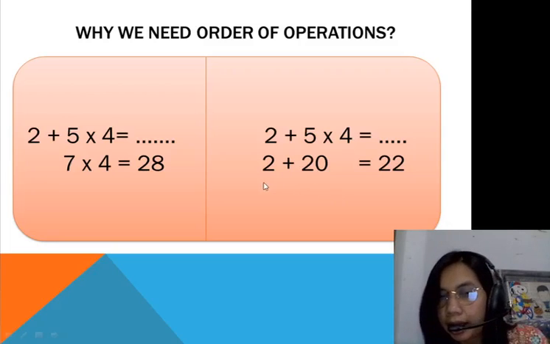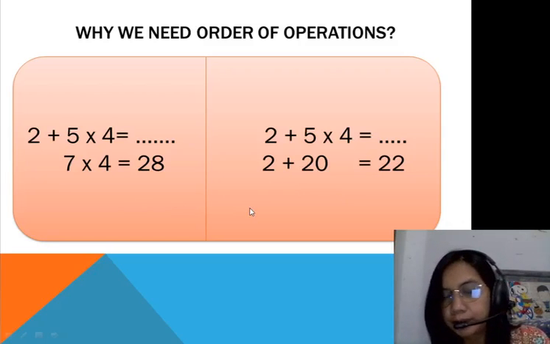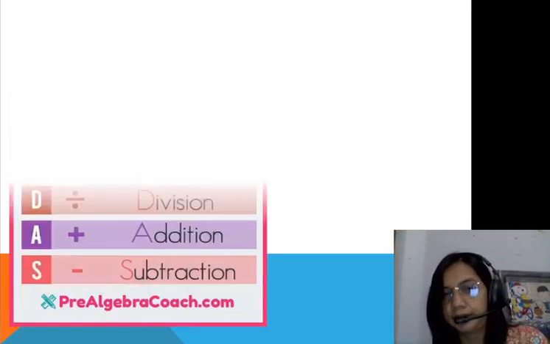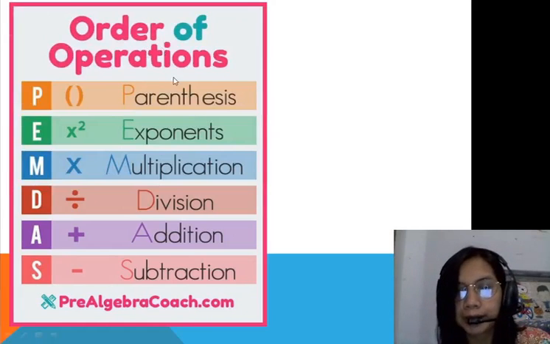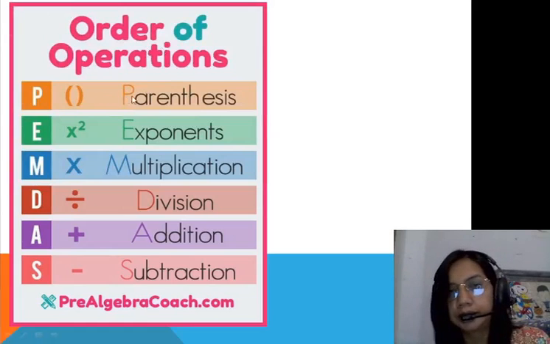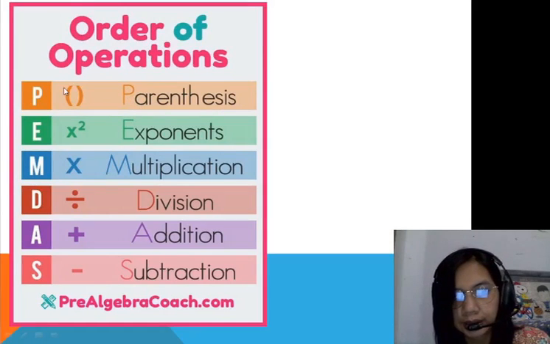Before I give the right answer, I want to explain the next step. Order of operations. P is parentheses. This is the symbol, the grouping. And E is exponents.